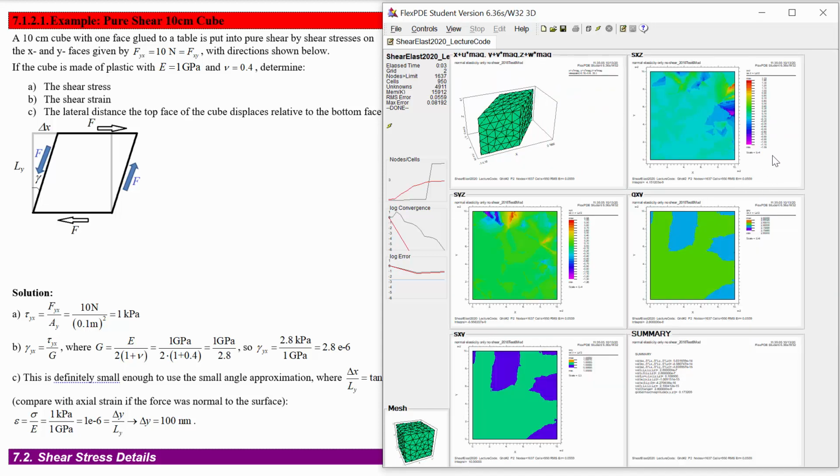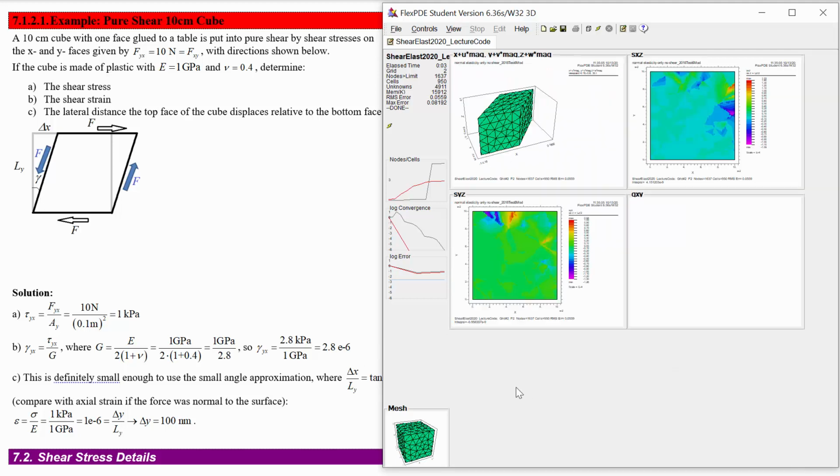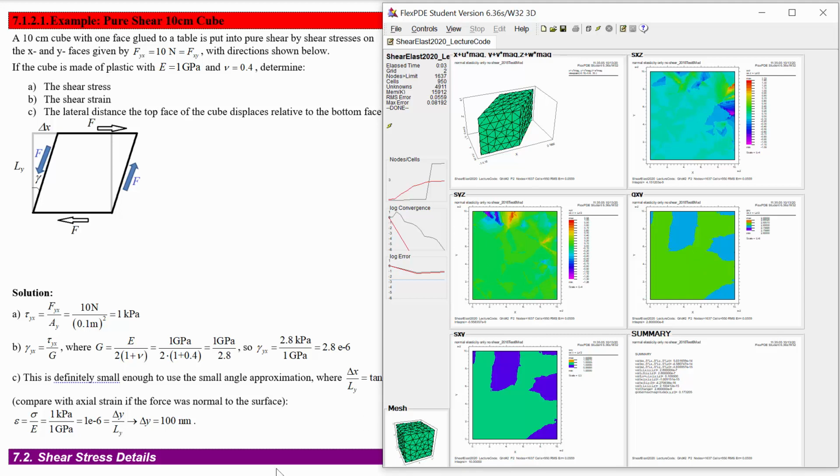So to go to 1e minus 4 is 10 million times smaller, so basically 0. Whereas the strain, we only had a strain of 2.8 E minus 6. So to go 10 million times smaller, we're in like the E minus 13 range. So that's why the 0 strain was a lot smaller than the 0 stress situation.